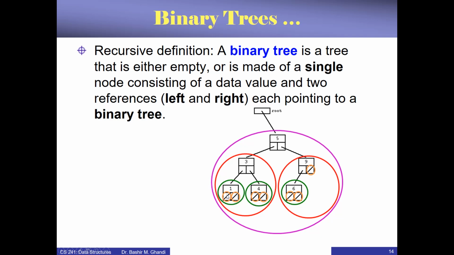The subtrees, actually it has, but they are empty. References to 2 empty subtrees. So this is how to define a tree recursively, and as I said, we're going to find this definition very useful when we come to implementing the methods.